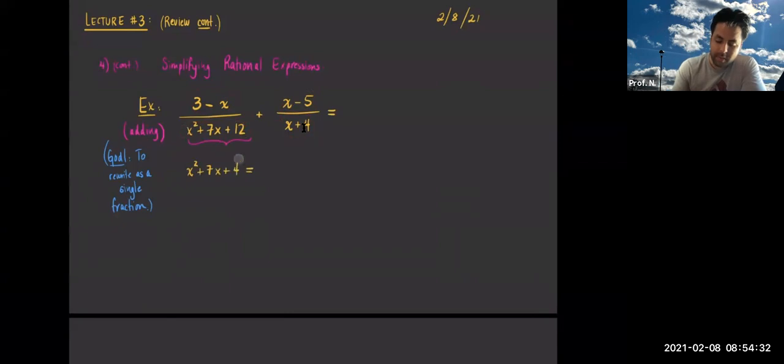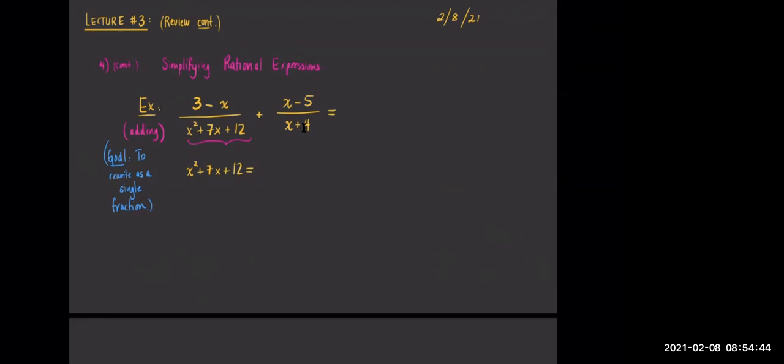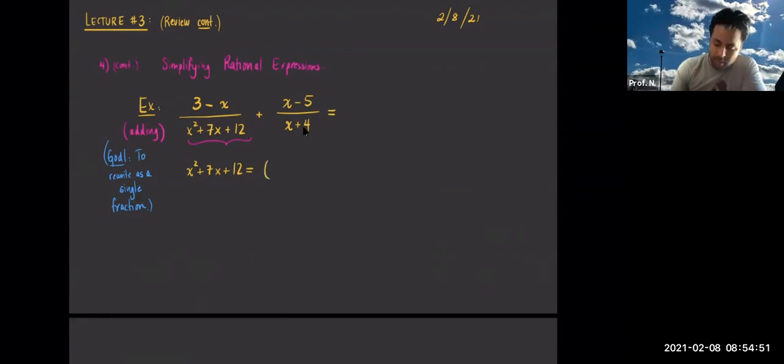I don't know why I said 4. What does this quadratic expression factor into? x plus 4 and x plus 3. Correct. Thank you. So this is (x plus 4)(x plus 3).